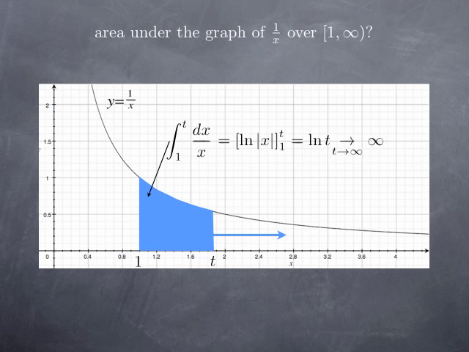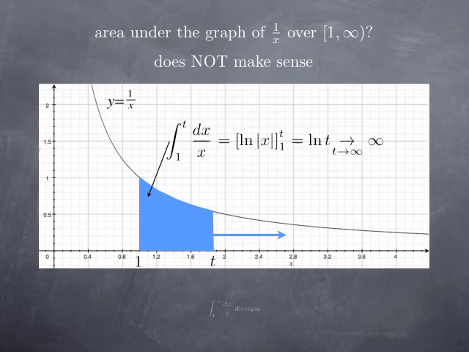As t goes to infinity, the limit of the natural log at infinity is infinity, so this goes to infinity. In other words, this time this notion of area under the graph of 1 over x over this unbounded interval does not make sense, because this would be infinite.